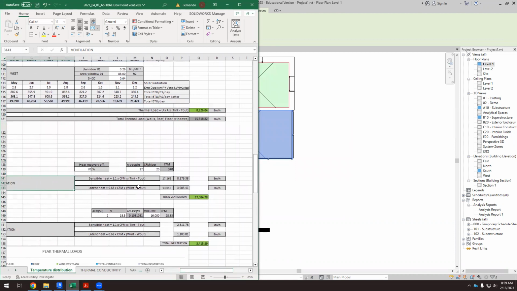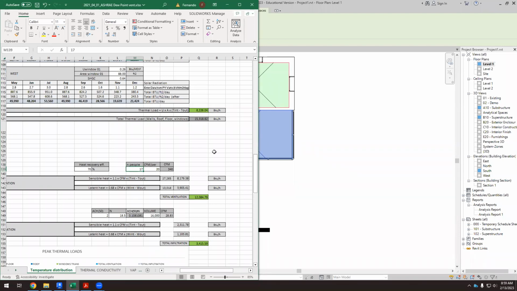Well, here first, we have the number of people, and then we have CFM per person. CFM per person is always 20. So by default, you can type 20, and most buildings have 20 CFM per person. But here we have to type the number of people.